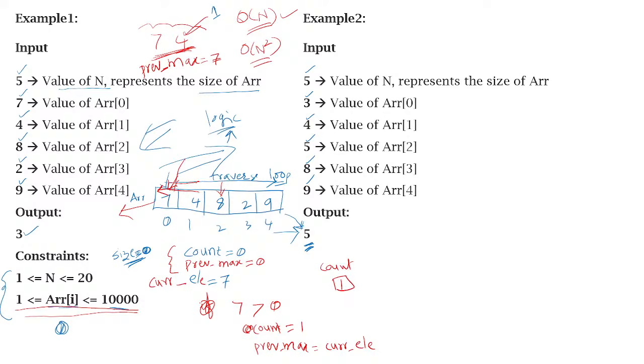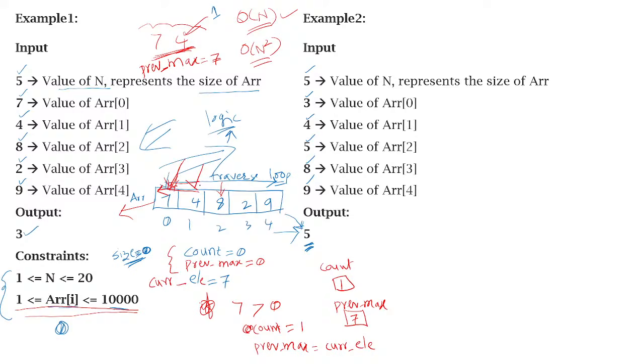Let me draw one more memory diagram. This is previous max, previously it was 0. Now previous max is equal to current element, so now it contains 7. 7 becomes the previous max element for the next element. So the first element is processed.